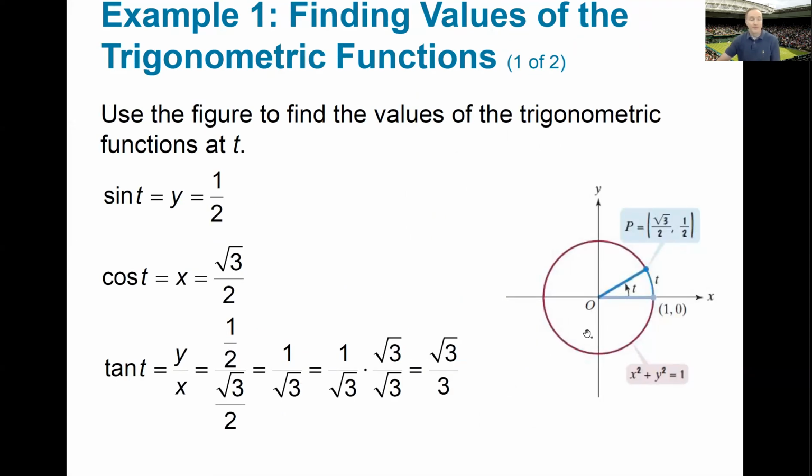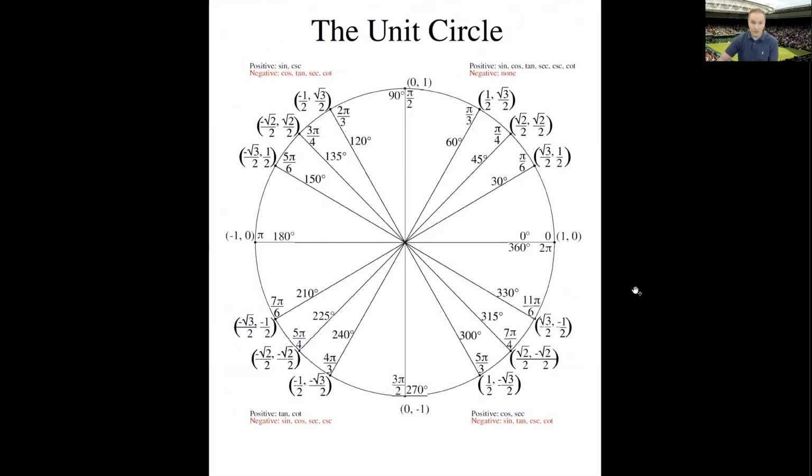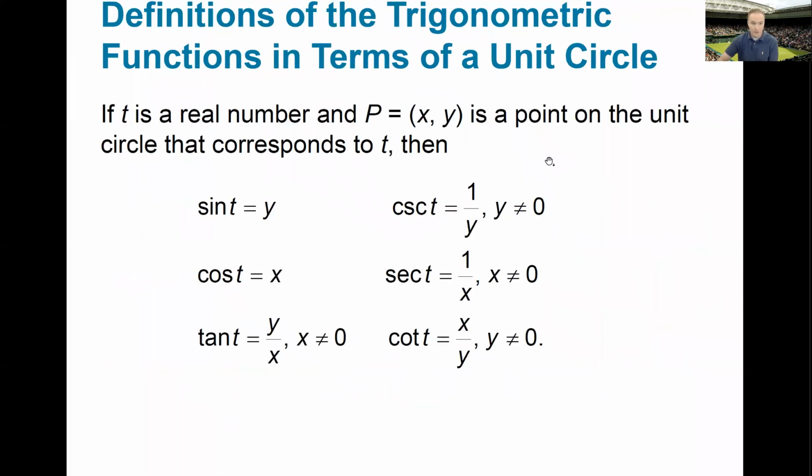Now, if we're finding values of trigonometric functions, it says use the figure to find the values of the trigonometric functions at t. So let's say I tell you that the sine of t, which is the y component on the unit circle, is 1/2. So whenever the y component is 1/2, we should just know from our unit circle that the x component is the square root of 3 over 2.